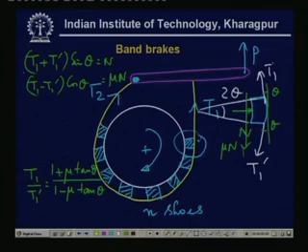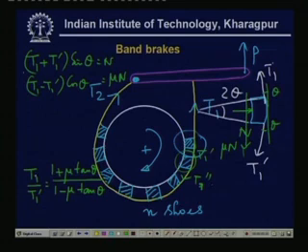Now, this happens for only one block. If you move from this block to the next, then this is T 1 prime, it may be T 1 double prime, T 1 triple prime, and similarly the analysis is the same for the next block.